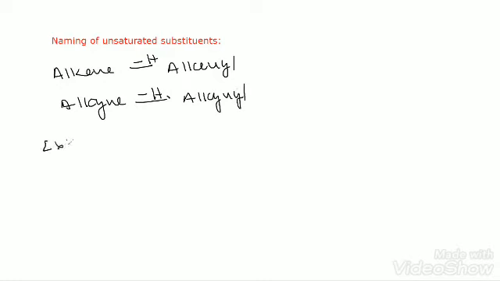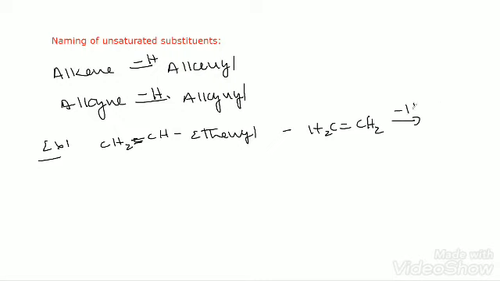For example, CH2 double bond CH. In this case, we have 2 carbons, so this is called ethenyl. So this ethenyl is formed from removal of a hydrogen from ethene. This is ethenyl.